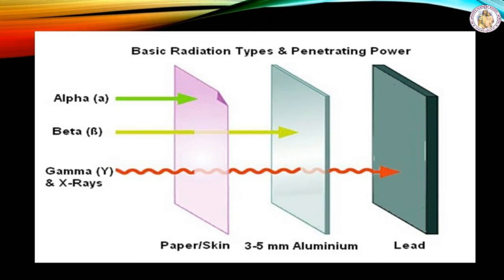Such nuclei undergo nuclear decay and get converted into more stable nuclei. So unstable nuclei undergo the nuclear decay process, and then convert into what? More stable nuclei. During this nuclear reaction, these nuclei emit certain harmful radiations.